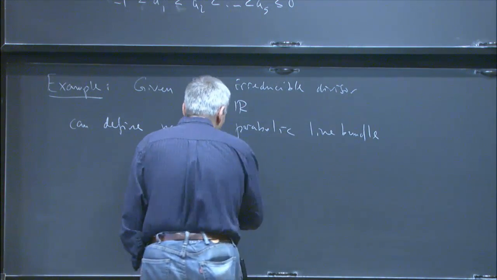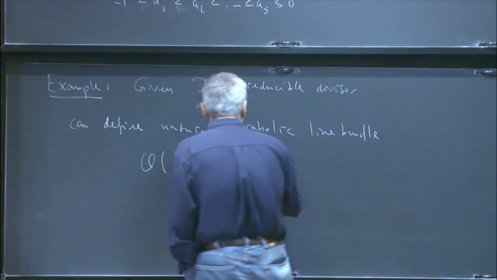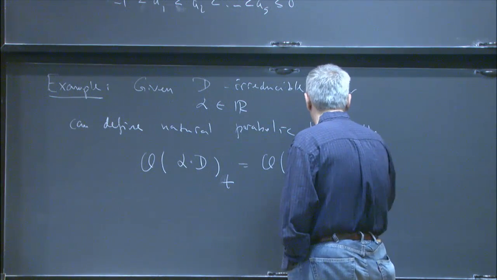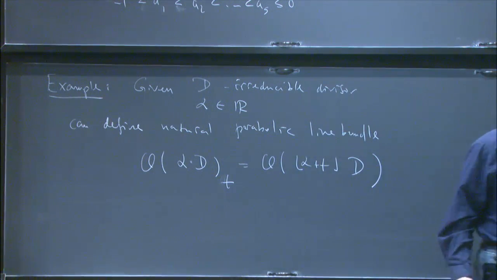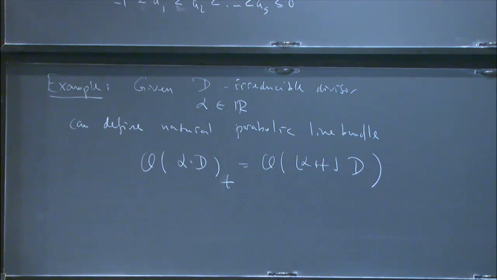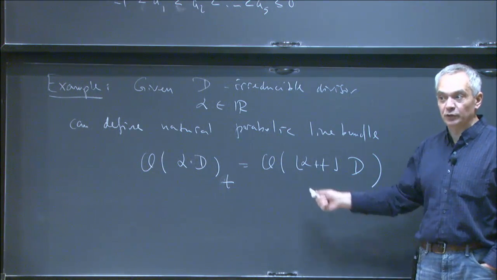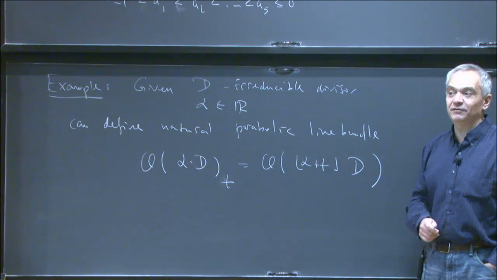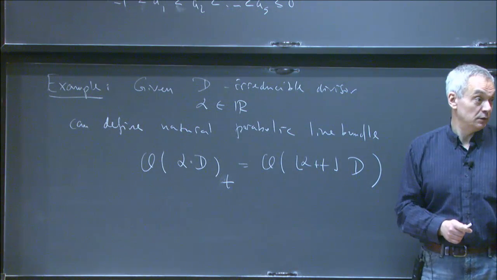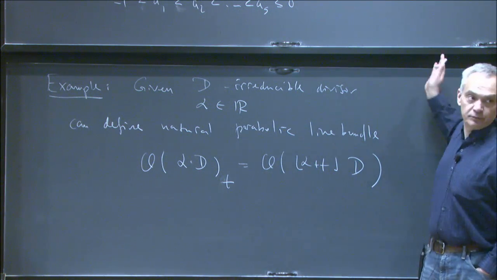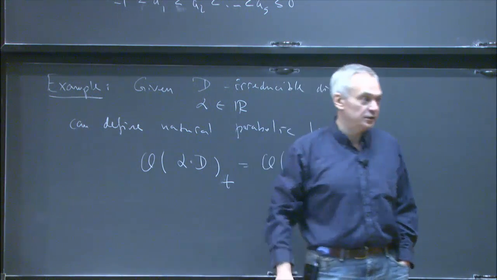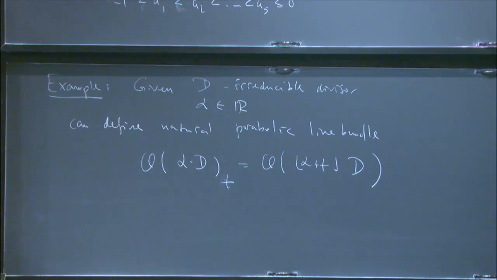And it's defined to be just O of D twisted by the integral part of alpha plus D. So it's a family of line bundles nested. It jumps exactly at one point, which is the fractional part of alpha in the interval 0 to 1. Then it jumps at all those points shifted by integers.